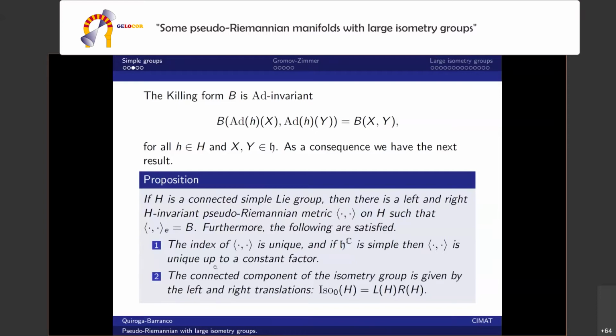Actually, up to a constant factor, at least when the complexification is simple, there is really no other choice. And you know very well the group of isometries of this object: left and right translations give the connected component of the group of isometries.